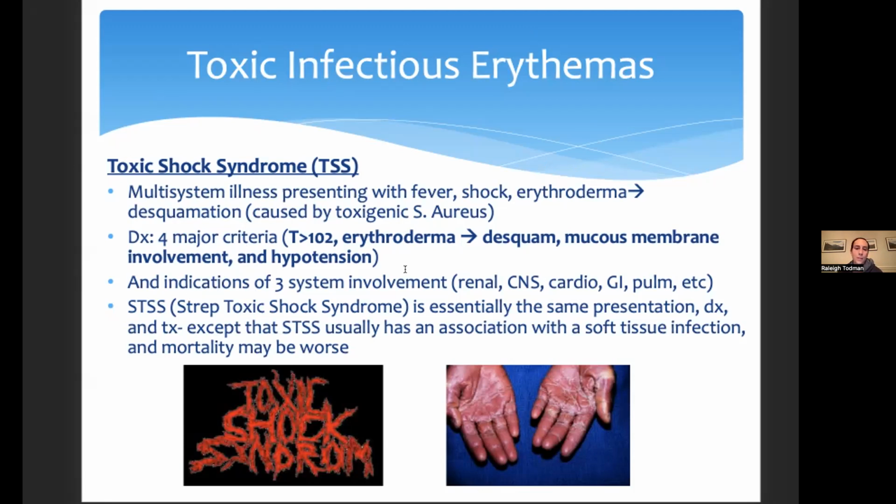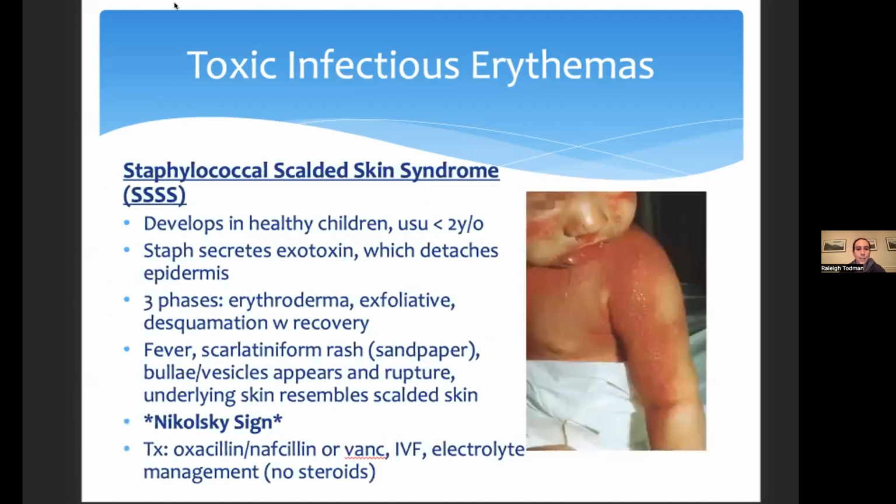There's also strep toxic shock, which is basically the same as staph toxic shock, except there's often a cellulitis associated with it, and there's a worse mortality. The treatment is just treating shock, so surgical debridement if needed. If there's terrible desquamation, they might need to be treated like a burn. Antibiotics that treat staph and strep, broad, but those indeed.